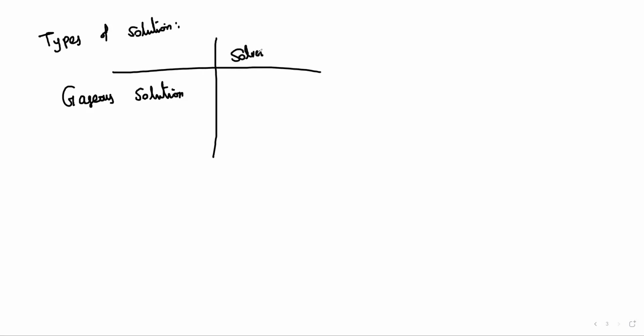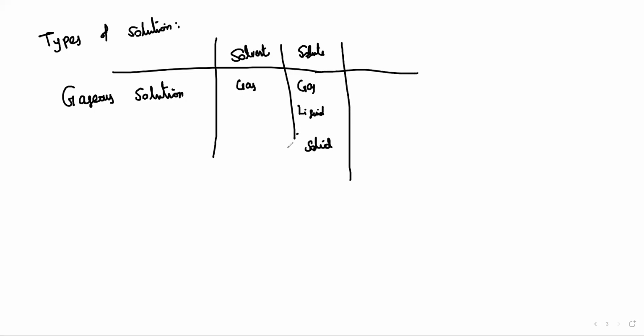For example, if we have a gaseous solution with us, gaseous solution means the solvent should be gas only, and the solute may be gas or liquid or solid. Are you able to follow me? Okay.